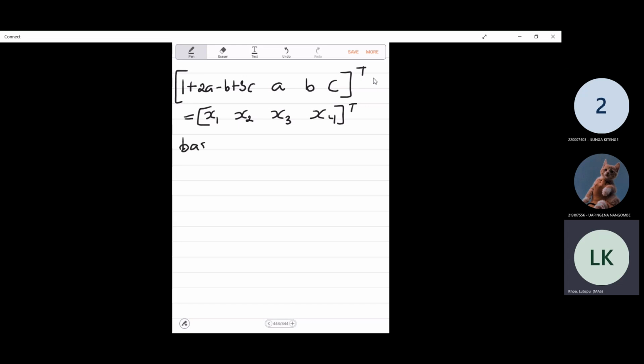And then the basic solution. So remember, basic solution, that just means that your non-basic variables a, b, and c, you equate them to 0. So you say a, b, and c are all equal to 0. Then you have 1, 0, 0, 0. This is equal to x1, x2, x3, x4.